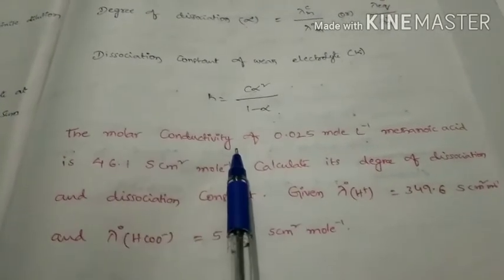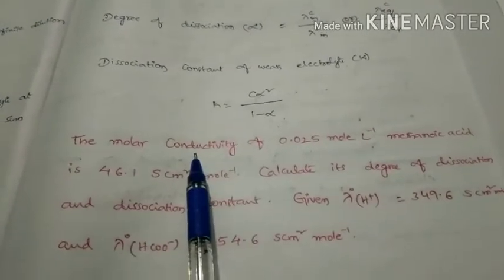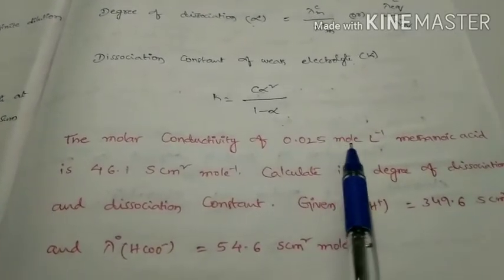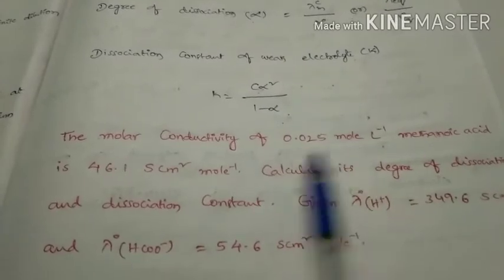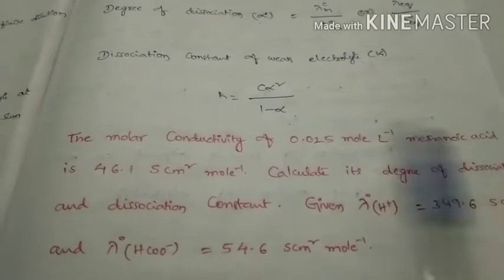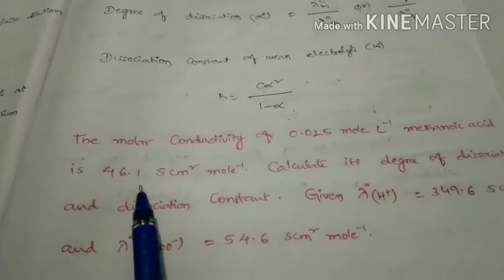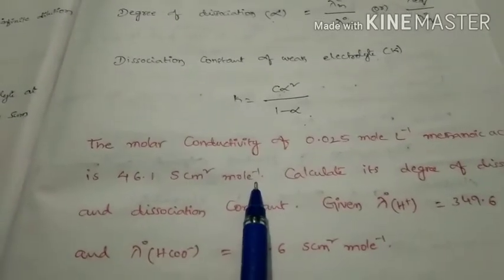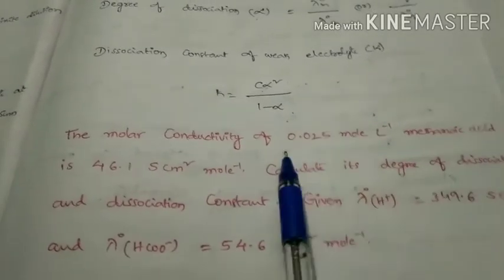The molar conductivity, that means lambda m, of 0.025 mol per liter, that means this is the concentration, mole per liter, nothing but molarity, methanoic acid is 46.1 Siemens centimeter square per mole. That means this is the molar conductivity of methanoic acid at this concentration.